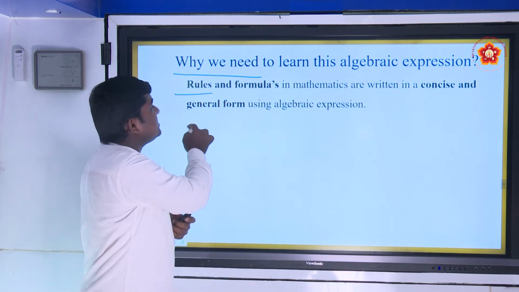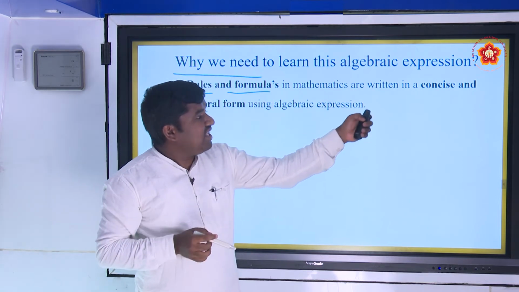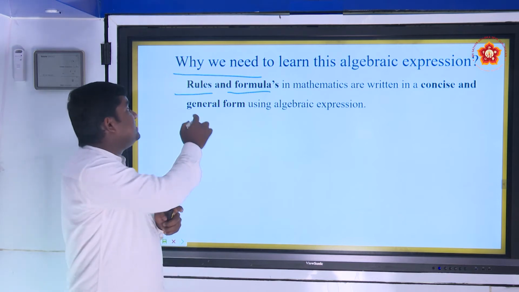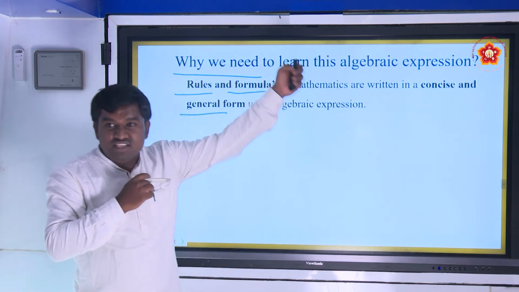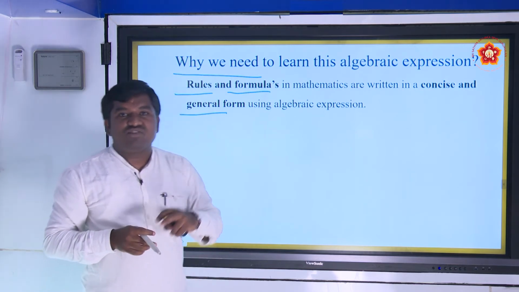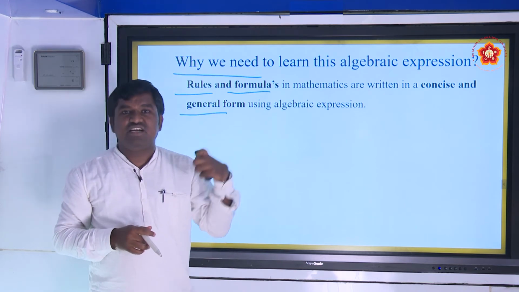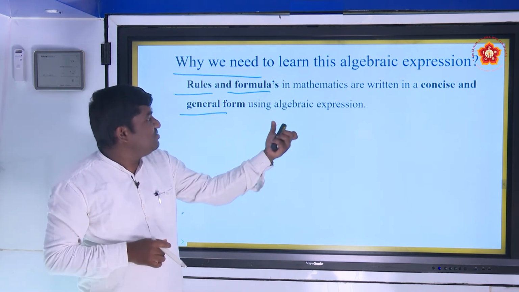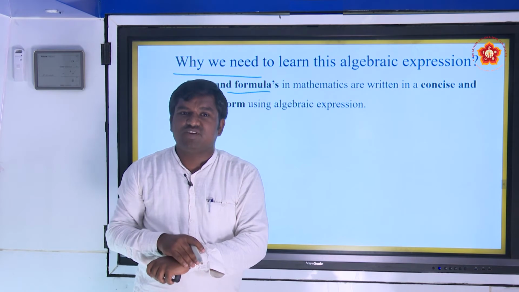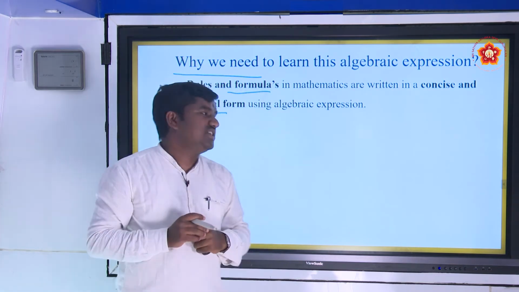Rules and formulas in mathematics are written in a concise and general form by using these algebraic expressions. That's why we have to learn algebraic expressions.